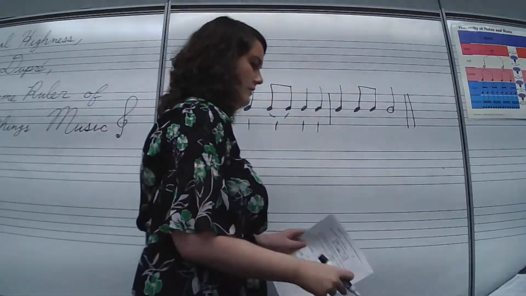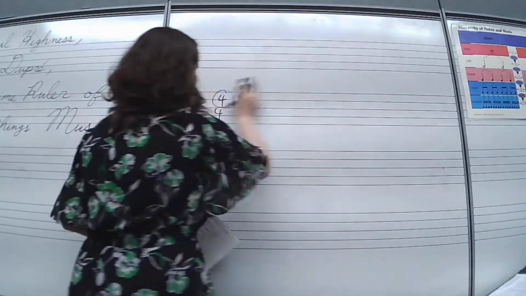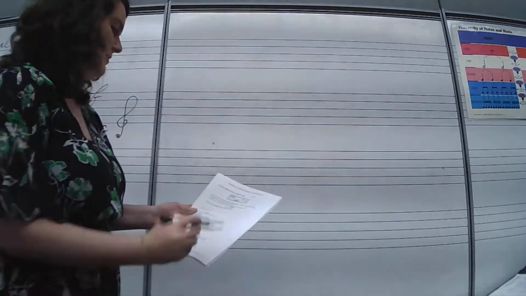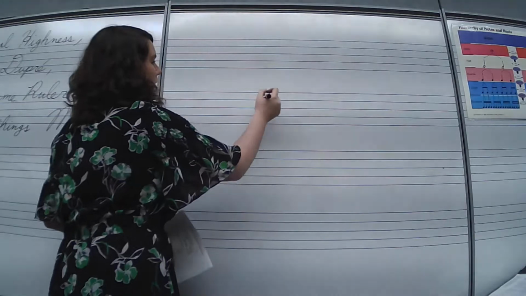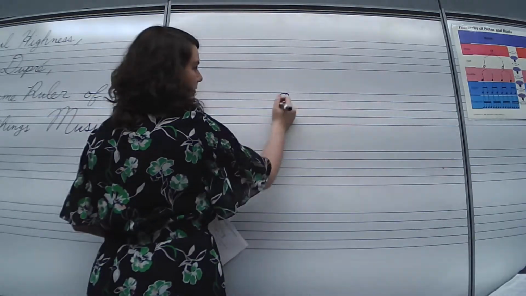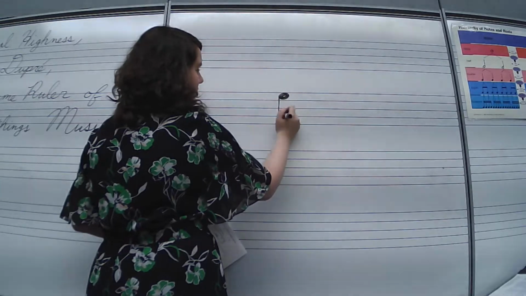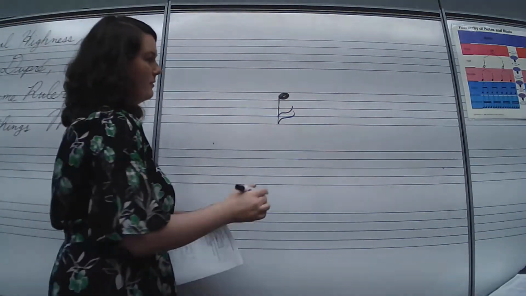Next, we get to have even smaller notes. We're on page 21. At the top it should say clap rhythms with 16th notes. So, again, we have our whole, half, quarter, eighth, add a flag. We're now at 16th notes.